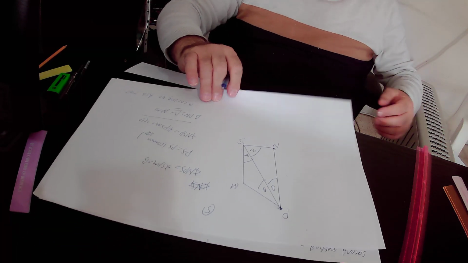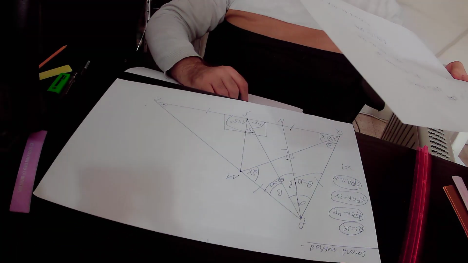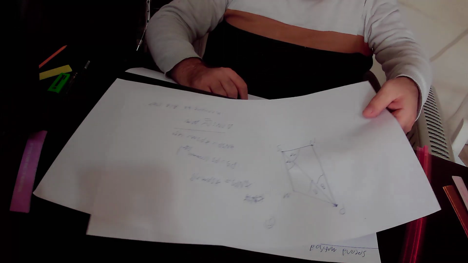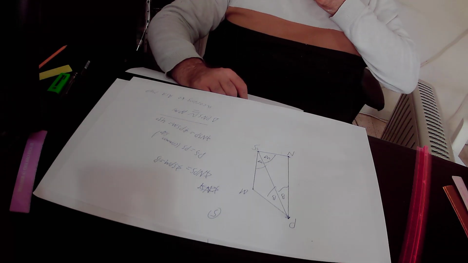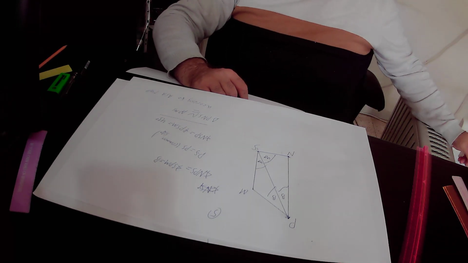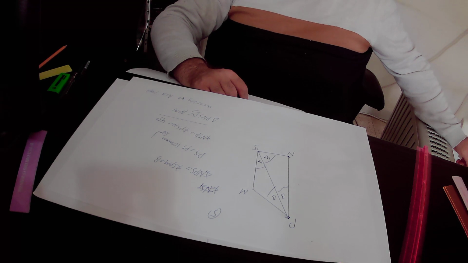So what is the angle side angle rule? The angle side angle rule states that if two angles and the side included between those two angles in one triangle are equal to two angles and the included side in another triangle, then the two triangles are congruent according to the angle side angle rule.